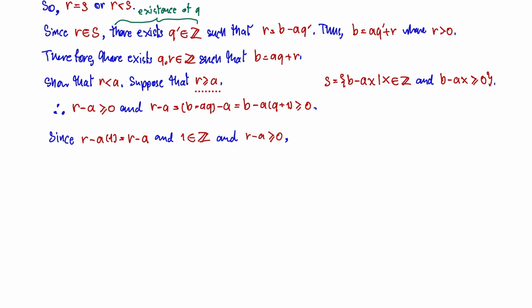So we're going to have R minus A, equal to R minus A times 1, in set S. Now, what is R minus A actually?